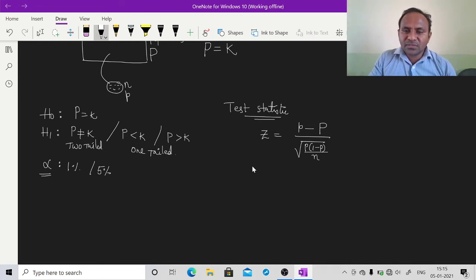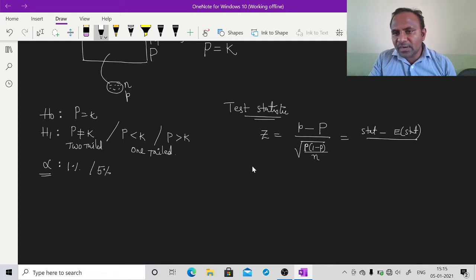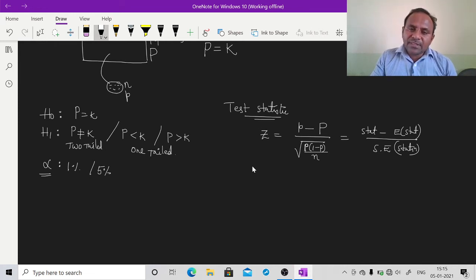Here P indicates the population proportion, capital P. The statistic of your interest is small p. This always follows the rule: statistic minus expectation of the statistic over standard error of the statistic. So the sample statistic is small p, its expectation will be capital P, and its standard error will be the square root of P into 1 minus P over n. And this test statistic will follow some distribution.